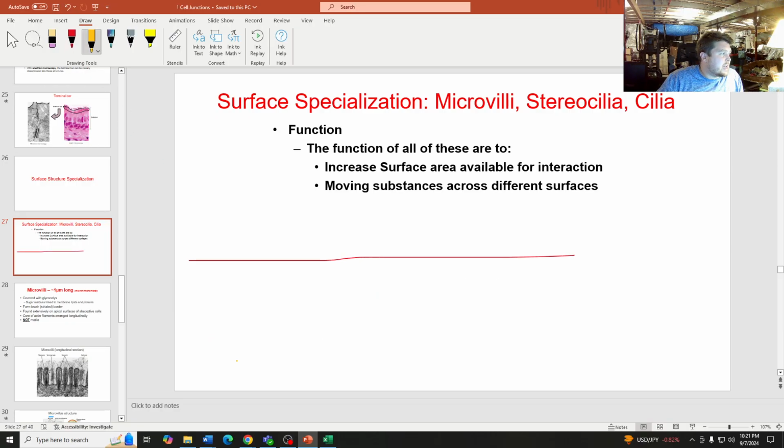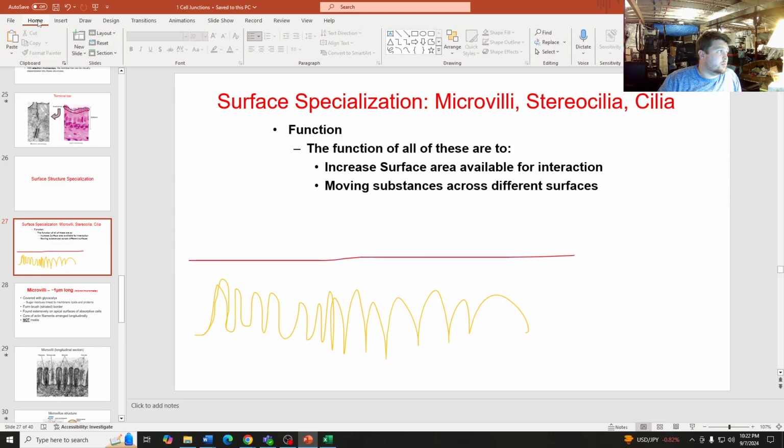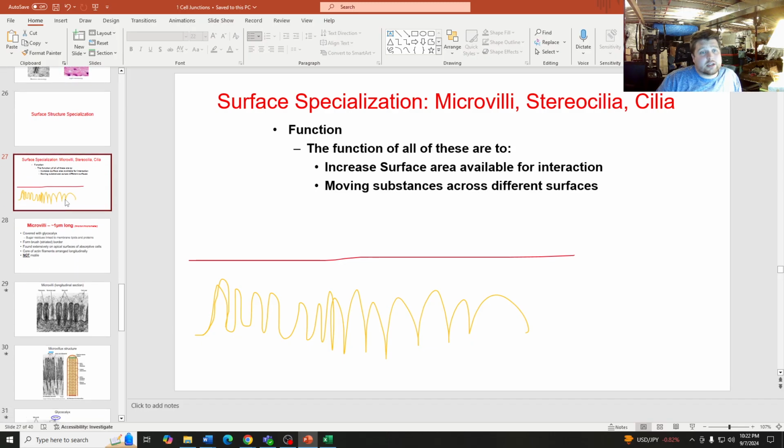But if instead we have all of these little projections all the way across, a whole bunch of them, now surface area-wise, we have all the way up, all the way down on every single one of these, and we greatly increase the amount of surface area that we have for interactions between ions, between chemicals, between whatever it is that we need to be coming into contact with, to interact with.